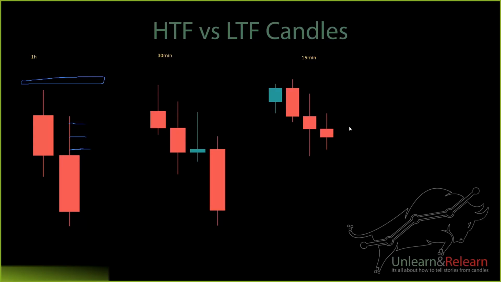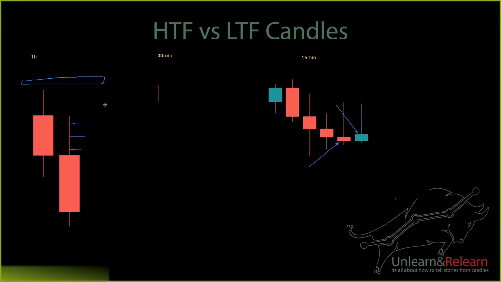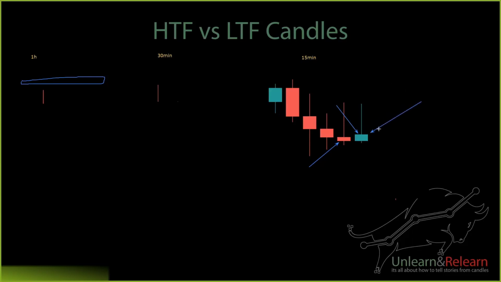Now if we look at it on the 15-minute time frame, you will see that the 15-minute closed like this and closed like this, and you're like, oh man, I don't know what's going to happen, because if you only have this information available, you don't know where the price is going to go.